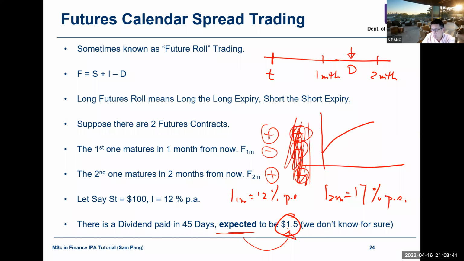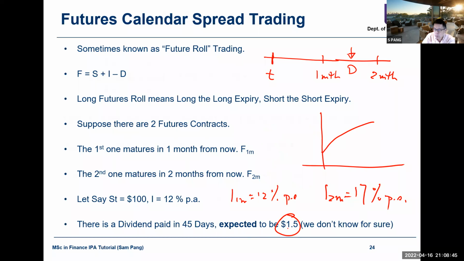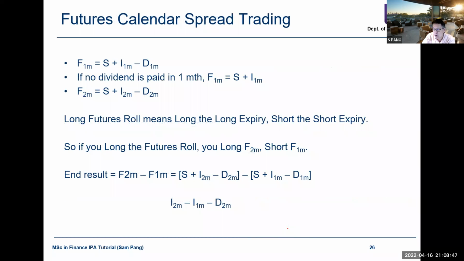Then, so what? So you can trade on this. Now, for the 1 month contract, the price of the 1 month contract should be equal to the spot price plus the 1 month interest cost minus the 1 month dividend.